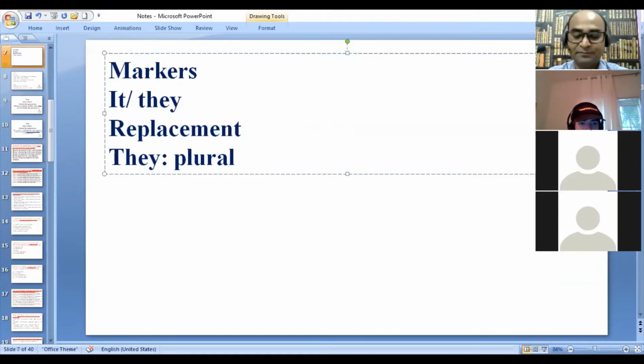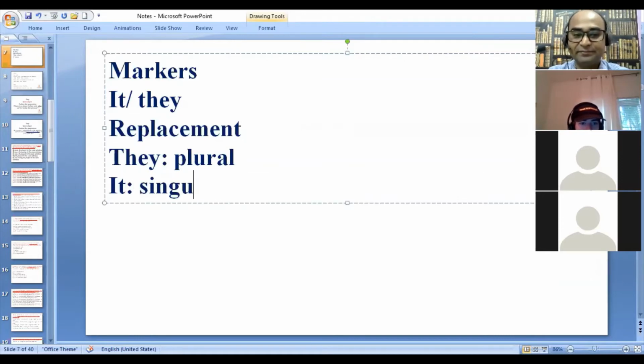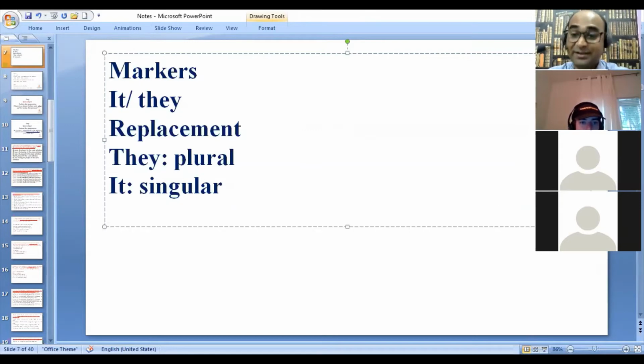It is singular. This is the second common sense. When you find that the underlined word is they, it wants you to check whether it is correct. So what to do? Pick the word and check which one is correct. Then replace the noun, remove the pronoun, add the noun and see. If it has correct meaning, it's the best option. Otherwise, you can eliminate it and go to the next one.